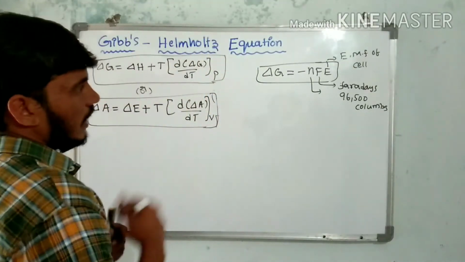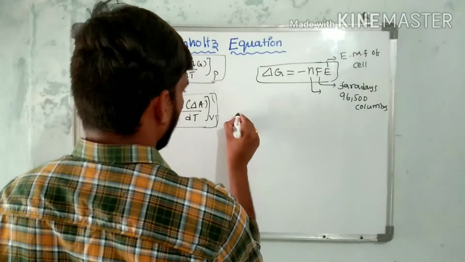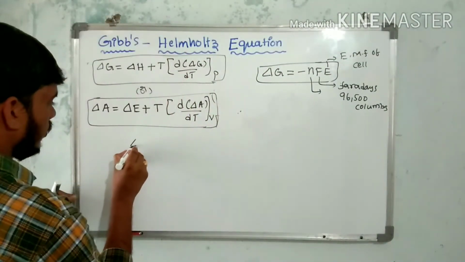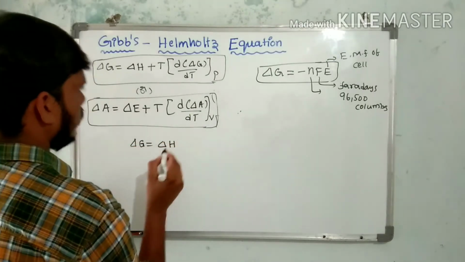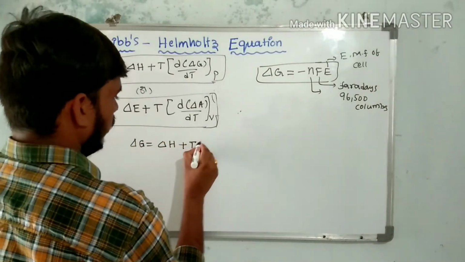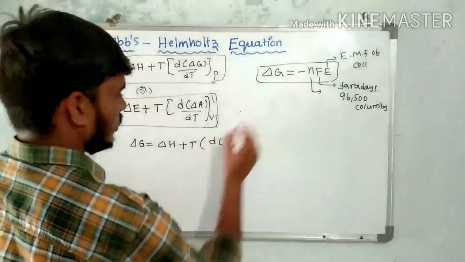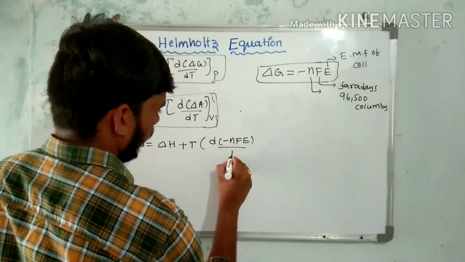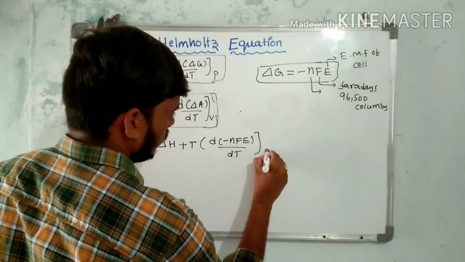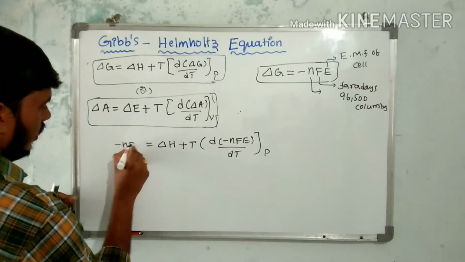Now substituting these values in this equation, delta G equals delta H plus T into d(delta G)/dT at constant pressure, where delta G is minus nFE.